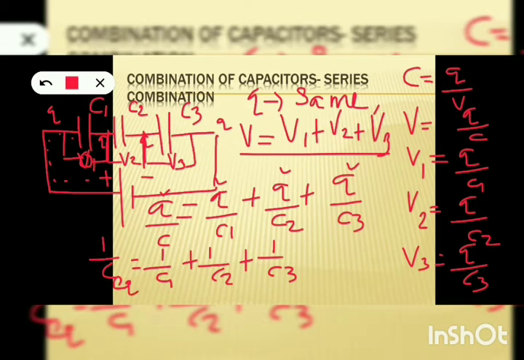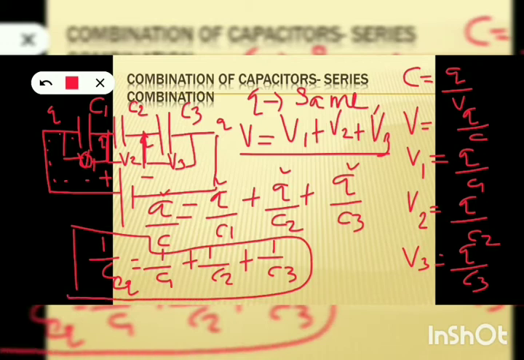So if capacitors are connected in series, what is the formula to find the total or equivalent capacitance? It is 1 by C1 plus 1 by C2 plus 1 by C3. If you have n number of capacitors, the formula can be written like this: plus etc. plus 1 by Cn. Just opposite to the resistor combination.